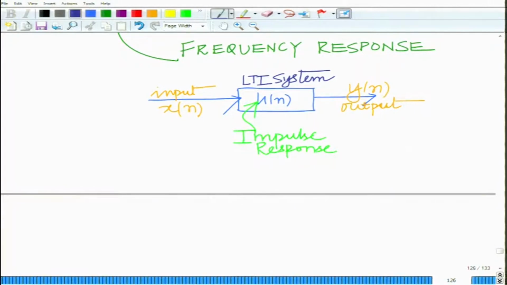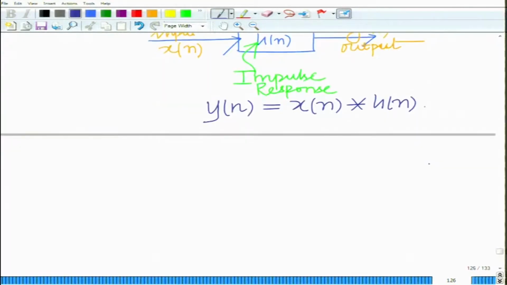And now naturally we know that the output y[n] is given as the convolution of x[n] and h[n], where x[n] is the input and h[n] is the impulse response.